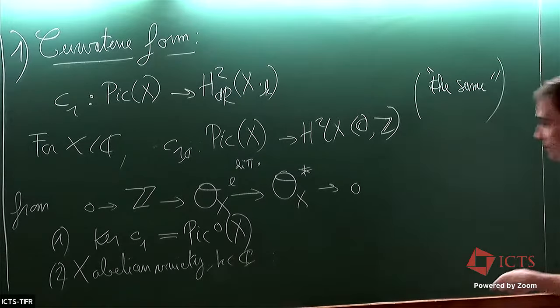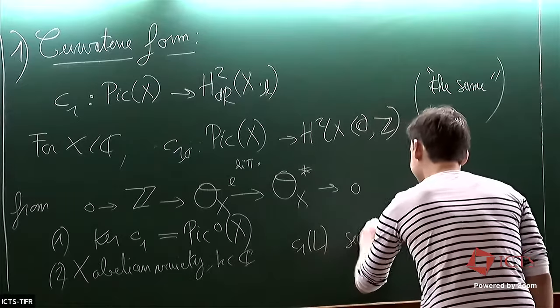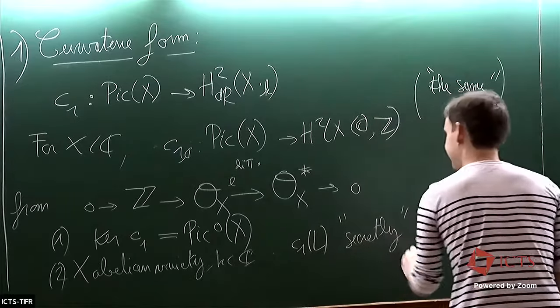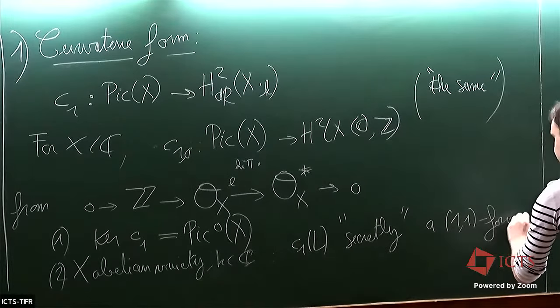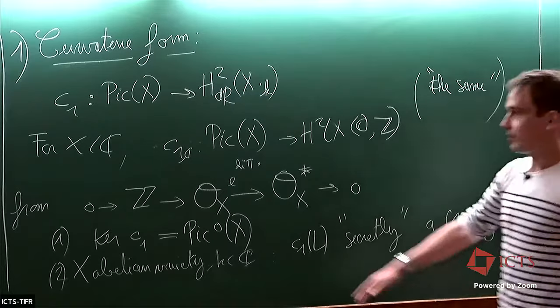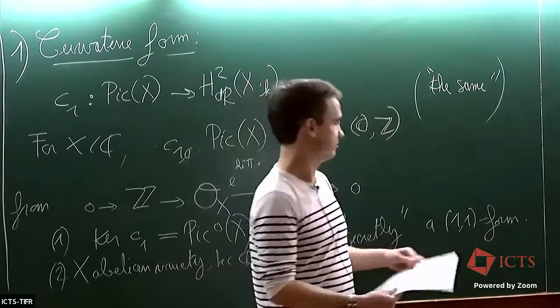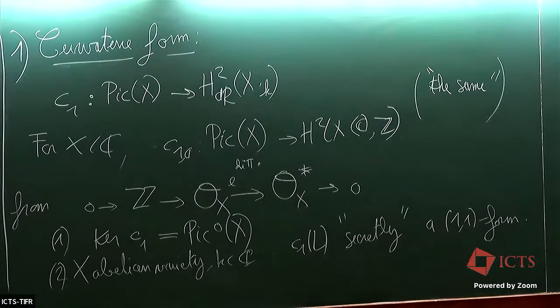And here it makes sense that c1 of L is always secretly a (1,1) form. And for abelian varieties, you can describe everything quite explicitly, and you can figure out precisely what this form is. That's basically all I need for what happens next.